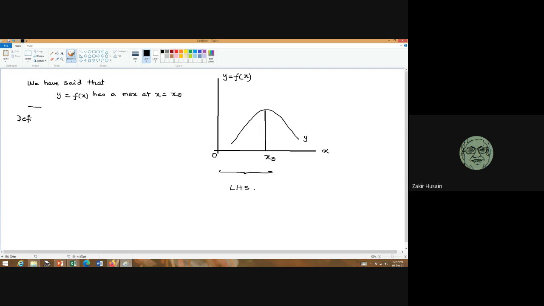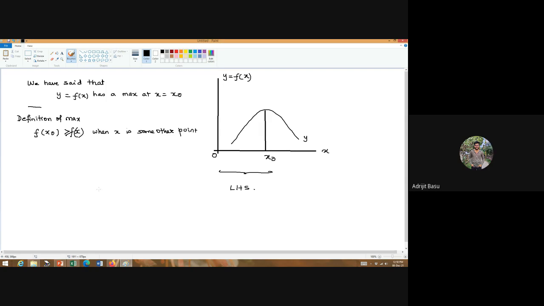What is the definition of maximum? Right? This is the definition of a maximum point.